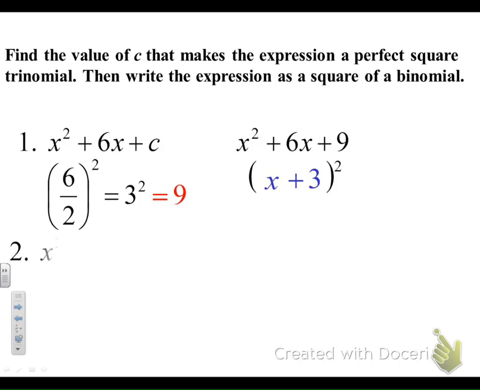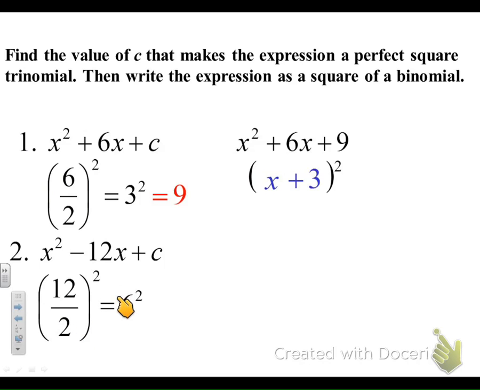Let's try it again. Let's say I have x squared minus 12x plus c. I'm going to take that b coefficient, divide it by 2, and square it. So negative 12 divided by 2 and square it. My bad, there should be a negative here. But negative 12 divided by 2 would be a negative 6. But negative 6 squared, or 6 squared, they come out to be the same thing, 36.